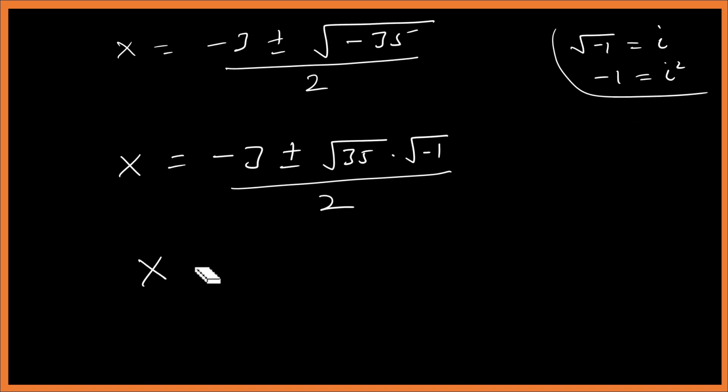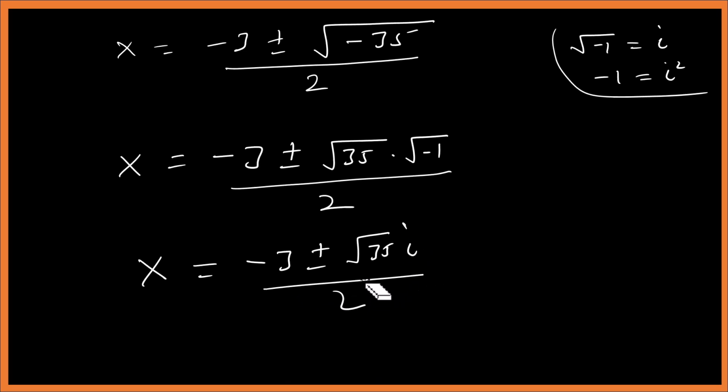So x will be minus 3 plus or minus root 35 i on 2.